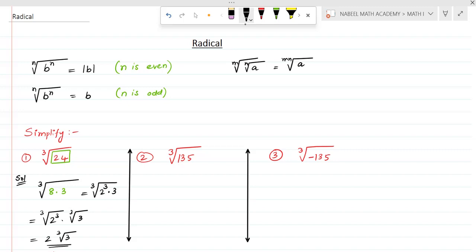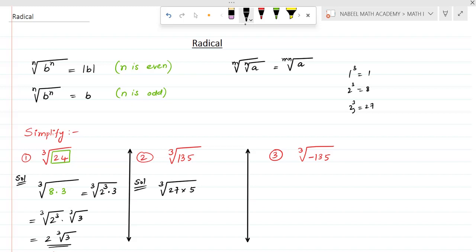That's it. Similarly, here we will have the cube root of 135. So I have to discuss the powers of 3: 1 power 3 is 1, 2 power 3 is 8, 3 power 3 is 27. How will you write 135 with a power 3? I can write it as 27 into 5.